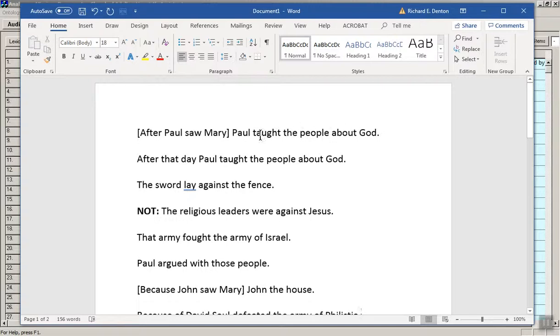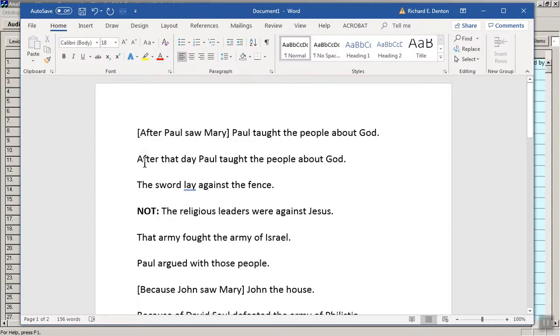So this is an event-like subordinate clause, and it's modifying the event that Paul taught. And so this uses that first sense of after, which modifies an event, Paul seeing Mary.